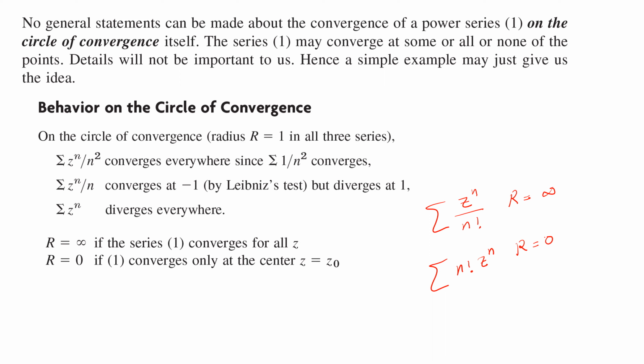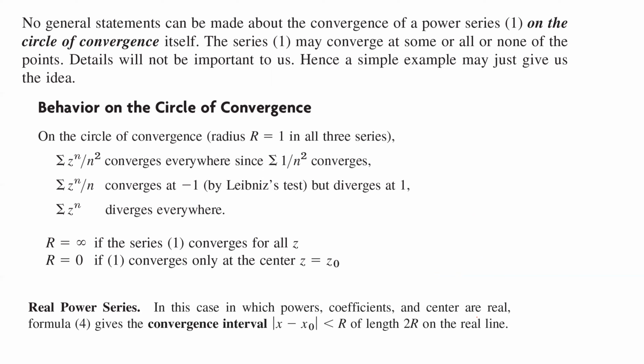For any other series, there is a radius that is not 0, not infinite. I mean, there are a lot of series that have radius of convergence infinite and 0, but there are all different cases. So this is a comment about the real series.